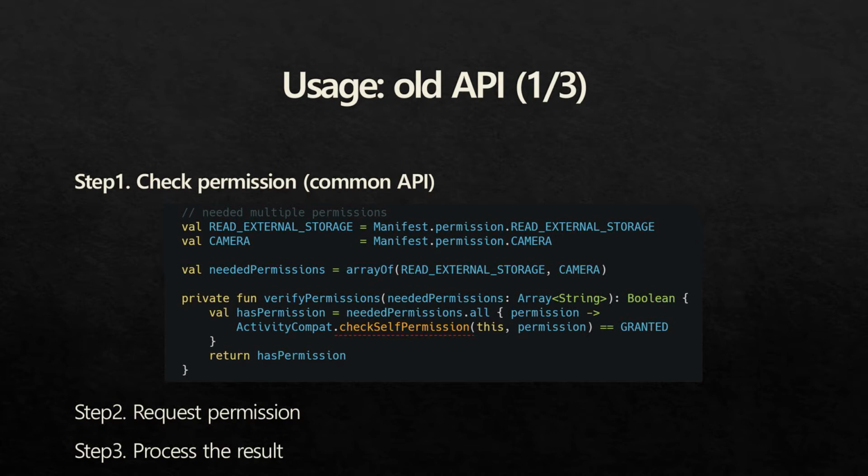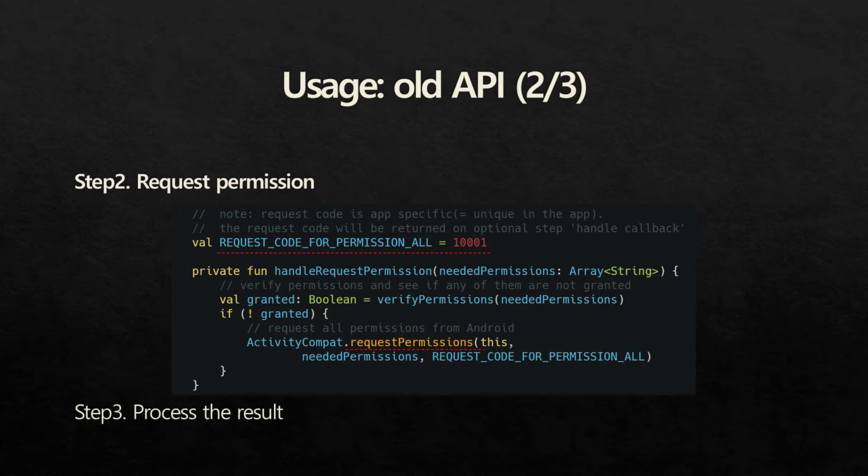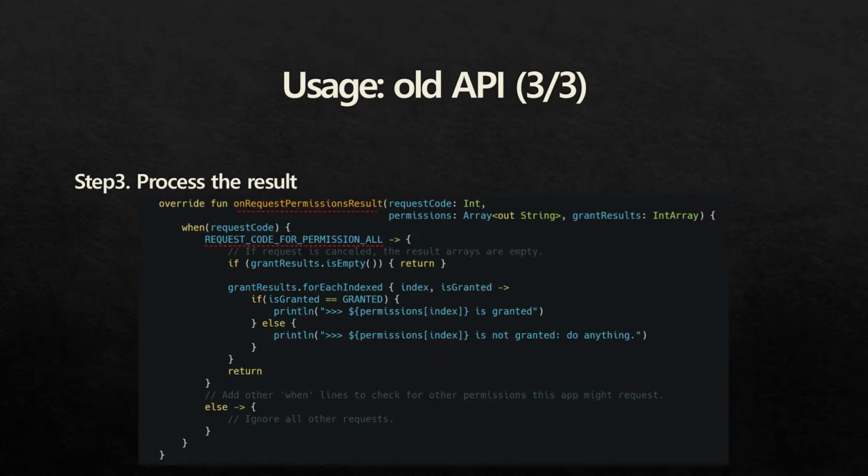Step 1. The checkSelfPermission determines whether you have been granted a particular permission. It's a common API. Second step, we request permissions by passing a request code to the requestPermissions function. The request code will be used for identification while processing the result of a permission request.